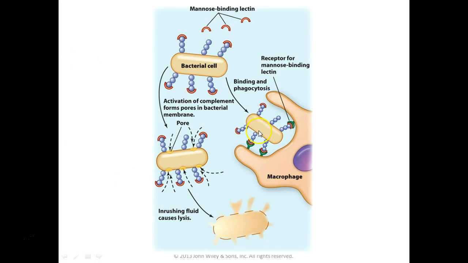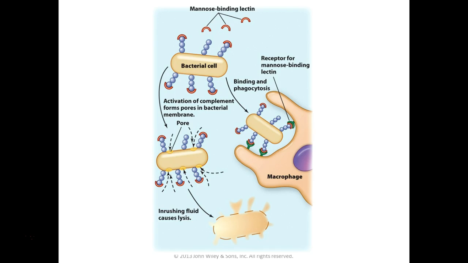This is a bacterial cell, and here's the mannose binding lectin attached to it. So that's our system recognizing this is a bad guy. It's tagging it for destruction, saying, this one, get rid of. It's bad. It's like when they go through on the side of the highway and put the X's on the trees they want cut down. We're basically putting a big old X on the bacteria. By the mannose binding lectin binding to it, we're saying, you need to go.